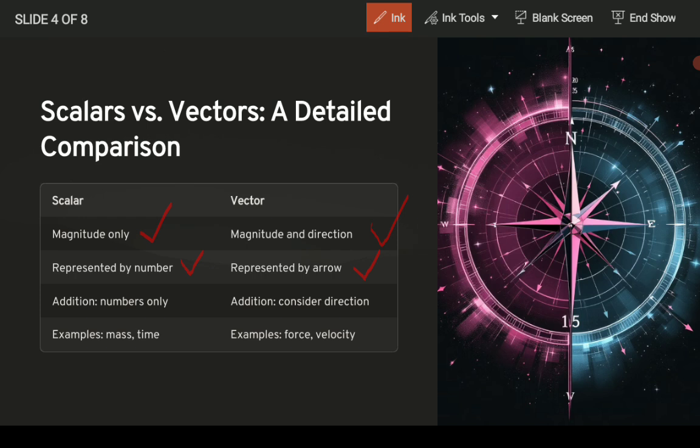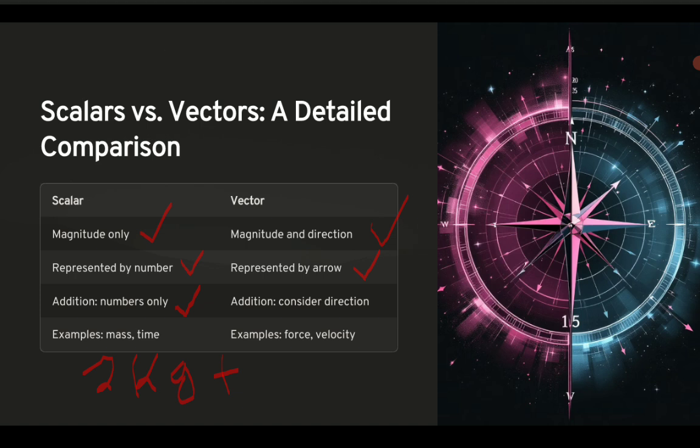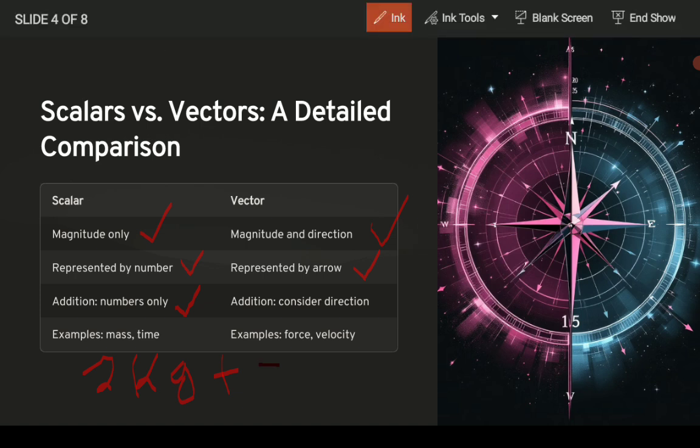When it comes to addition, scalar quantities can simply be added algebraically. For example, 2 kgs of a quantity added to 5 kgs of the same quantity will produce 7 kgs. That's a scalar quantity like mass.